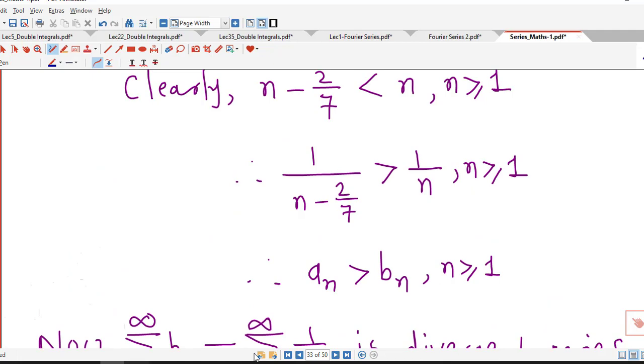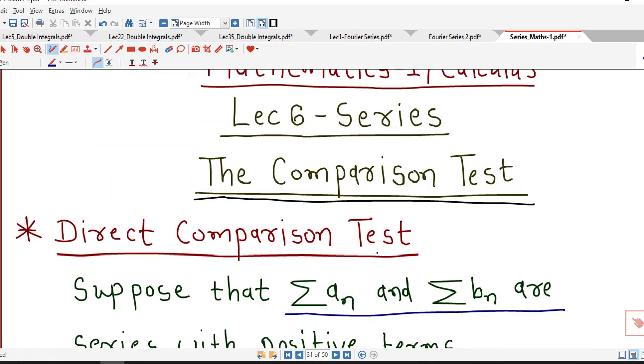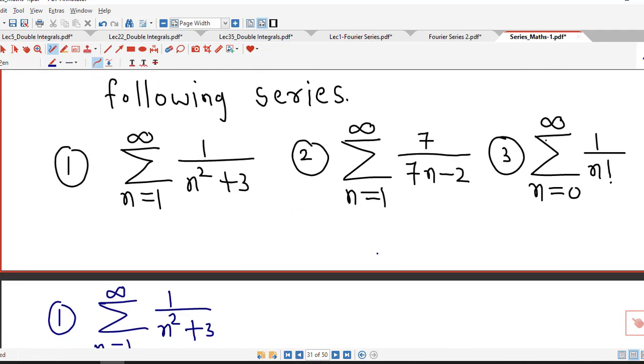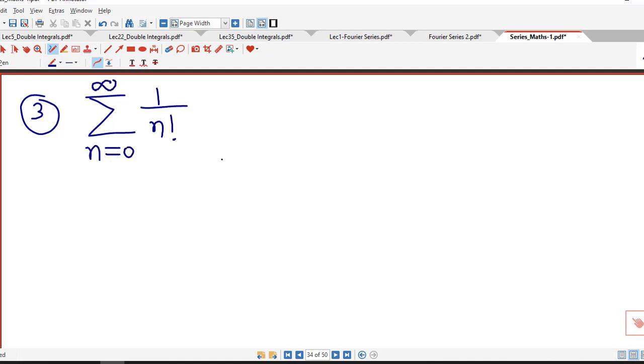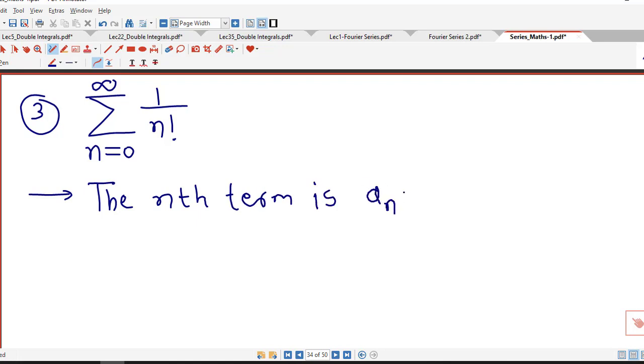Now the next series is sigma 1 by n factorial, n is from 0 to infinity. So we now discuss the convergence of the last series. It is sigma 1 over n factorial, n equal to 0 to infinity. So the nth term is an equal to 1 by n factorial.